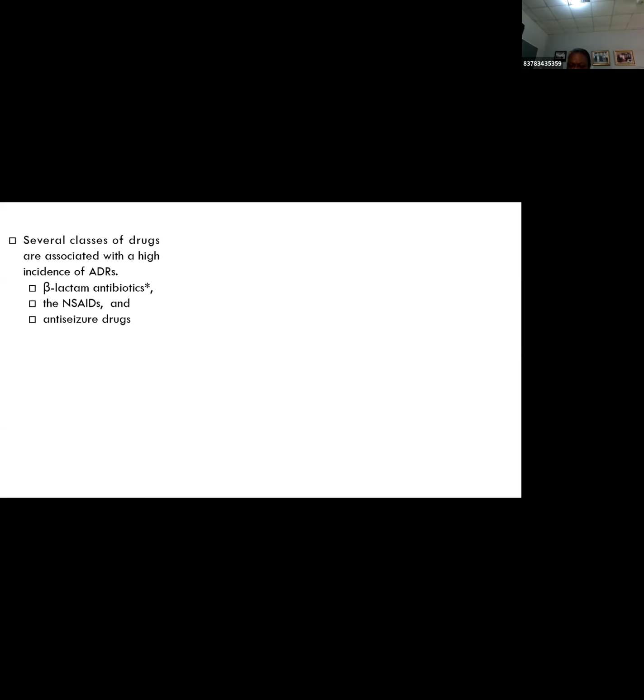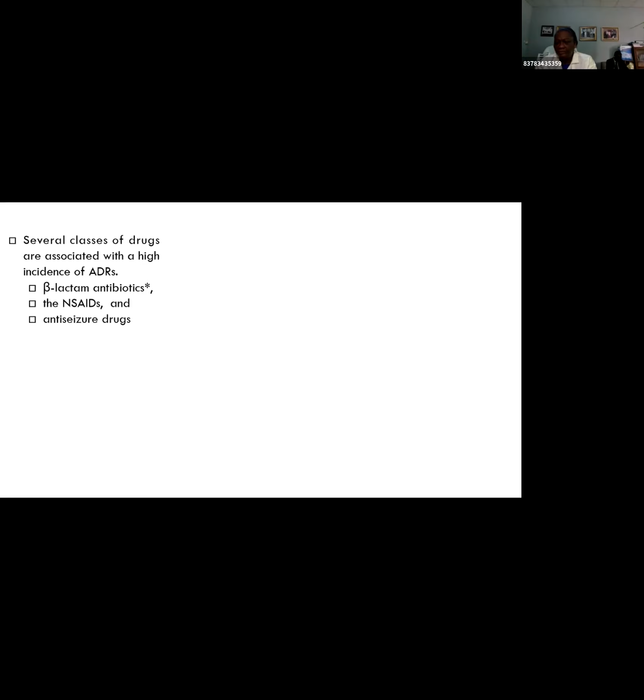There are a lot of issues that have arisen because of the manner in which we get the information, which we shall relate to later in this presentation. Now, several classes of drugs are associated with a high incidence of these adverse drug reactions. And when we say high incidence, their incidence is higher when compared to the occurrence in other types of drugs.